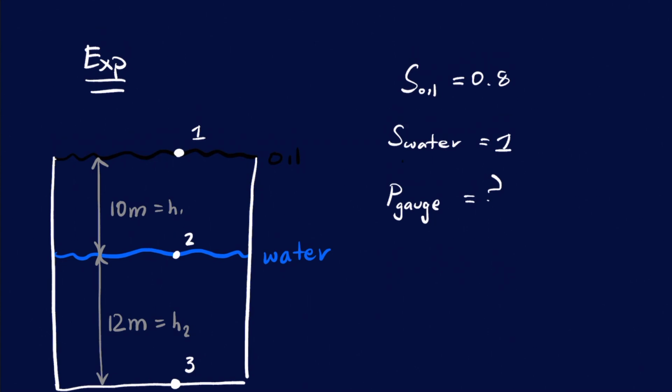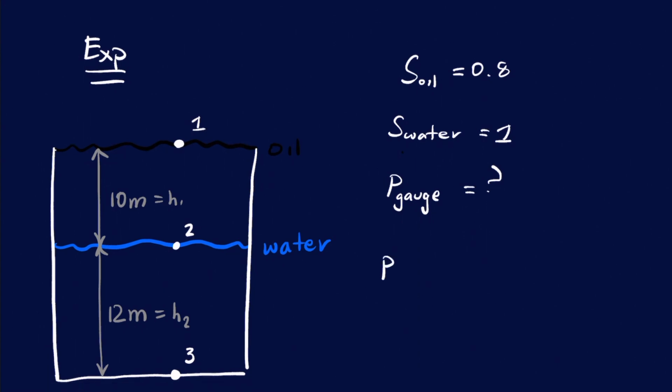So the absolute pressure at point 1, since it's on the surface of the tank, is the same as the atmospheric pressure. Therefore, the gauge pressure at the top of a tank or at the top of a liquid is always 0. Again, the gauge pressure on the surface of a liquid is always 0.